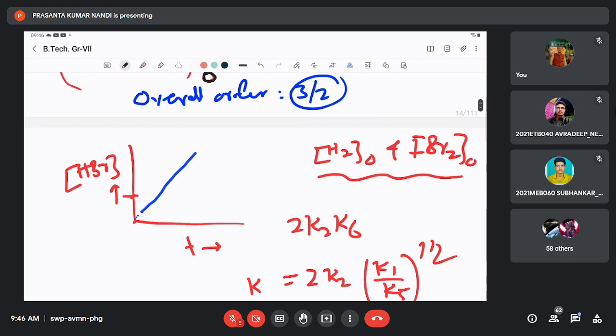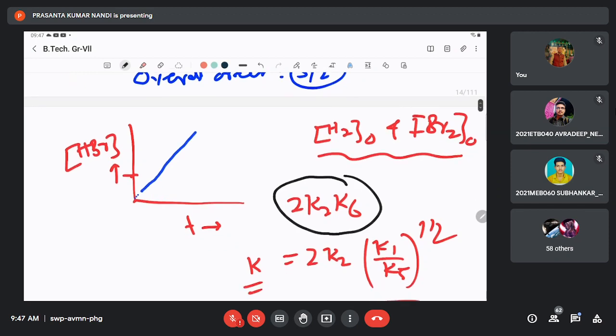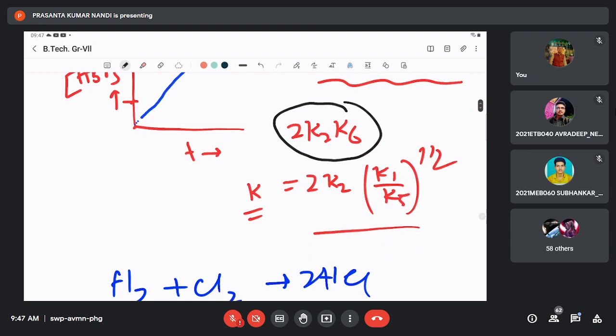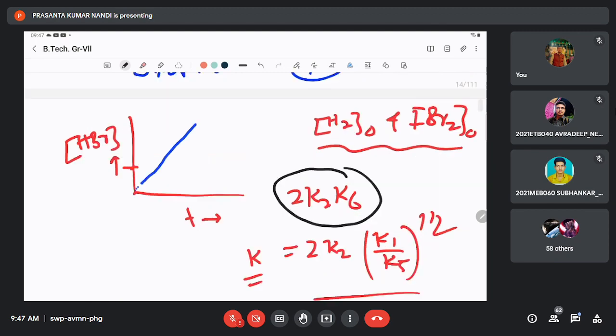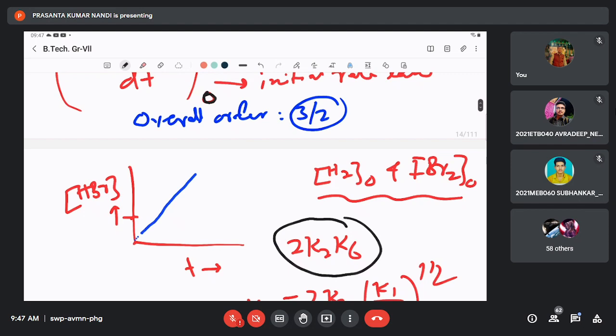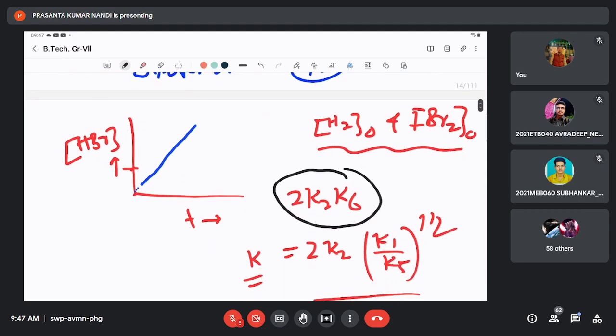Yes, it is zeroth order, right? And the corresponding slope is equal to this product, where we have written k equal to 2 k2 (k1/k5) to the half. So this is the kinetic study of these chain reactions between hydrogen and bromine molecules in the gas phase to produce hydrogen bromide molecules.